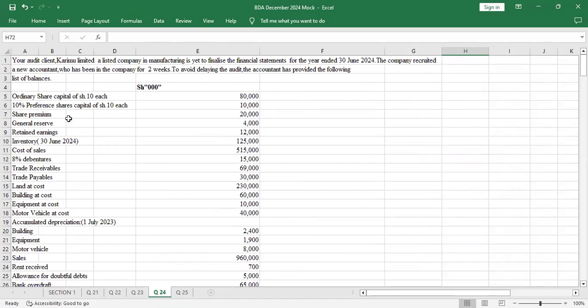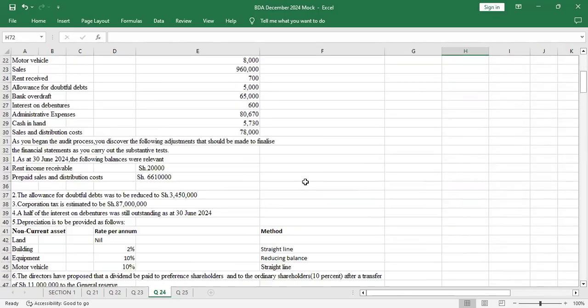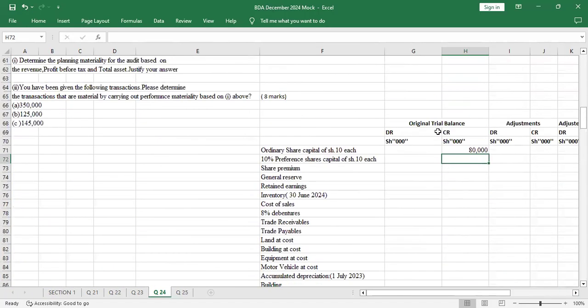That's also equity, share premium, general reserve and retained earnings. So all this will appear on the credit side. So instead of copying that way, now that we have copied one, you just drag all the way under the credit side to retained earnings, to save on time, because I told you that this paper is all about speed and accuracy. So you have to move with speed even as you become accurate. So inventory.